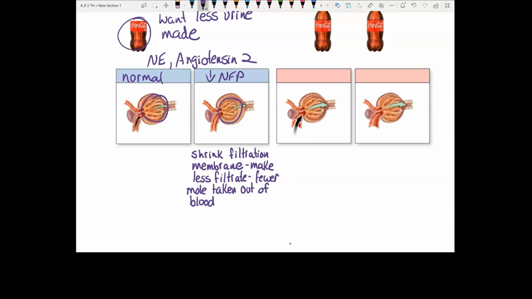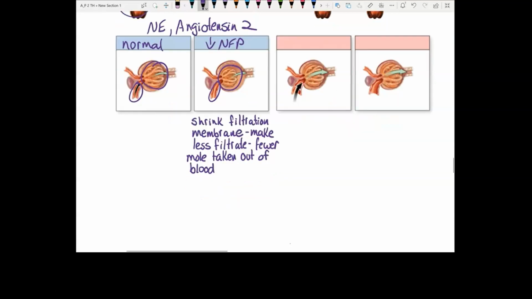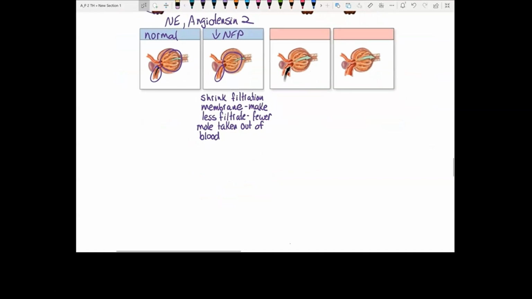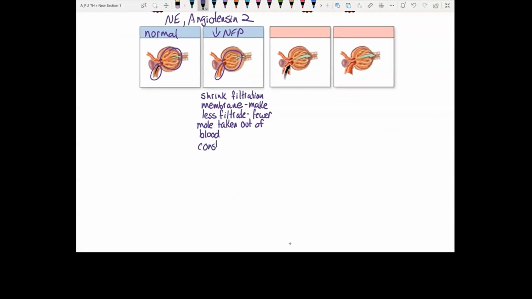Okay, and then the other thing, look at the afferent arteriole. Compare it to over here. It is constricted. So you also constrict your afferent arteriole. This means less blood goes in. So if you send less blood in and you take less stuff out of it, you reduce the amount of filtrate.